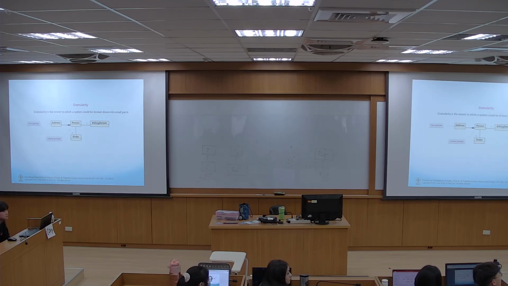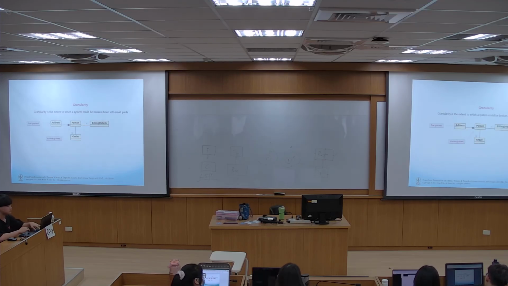Not in this diagram, but talk about the relational database and object-oriented. We compare these two, right? The mismatch. Regarding granularity, is object-oriented higher granularity or the relational database?